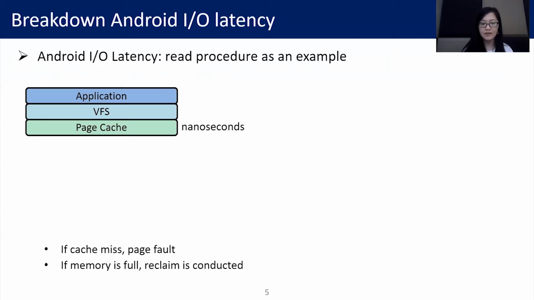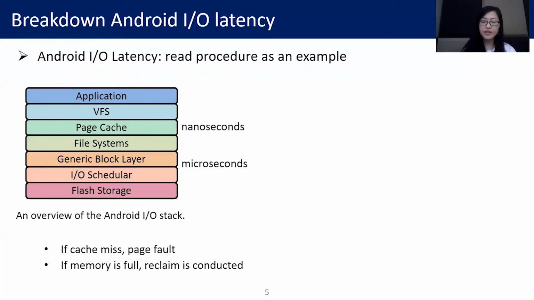In this case, the page allocation will be triggered to allocate a new page. When the memory is full, the Linux reclaim scheme is conducted to free pages. After page allocation, the request is delivered to flash storage. Going through each of these layers contributes additional microseconds to this read request.